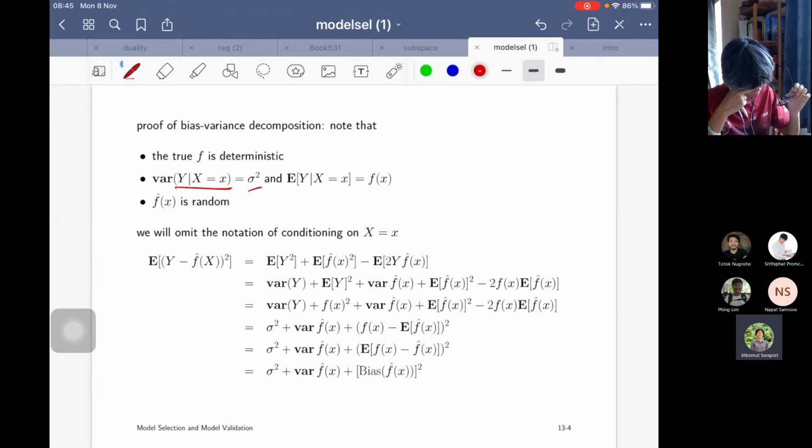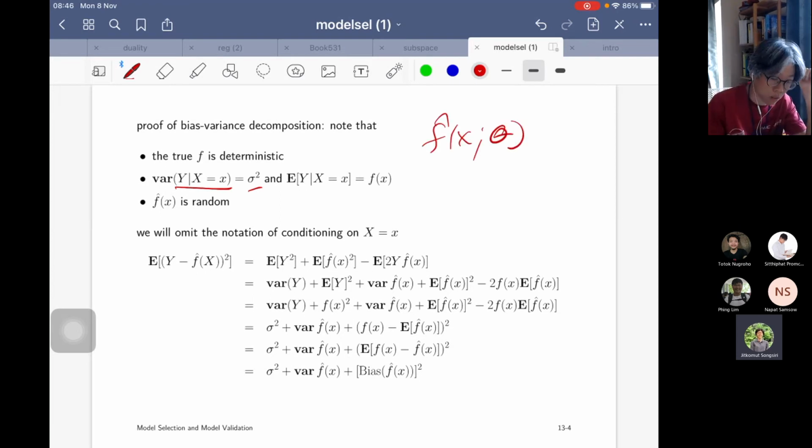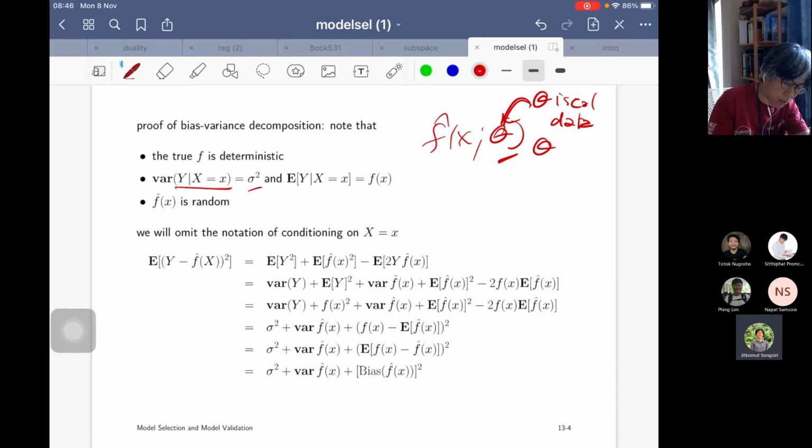Your f hat is random, as I mentioned previously. Your f hat is parameterized by model parameter theta, which is calculated from data, so theta is random, and therefore f hat is random.